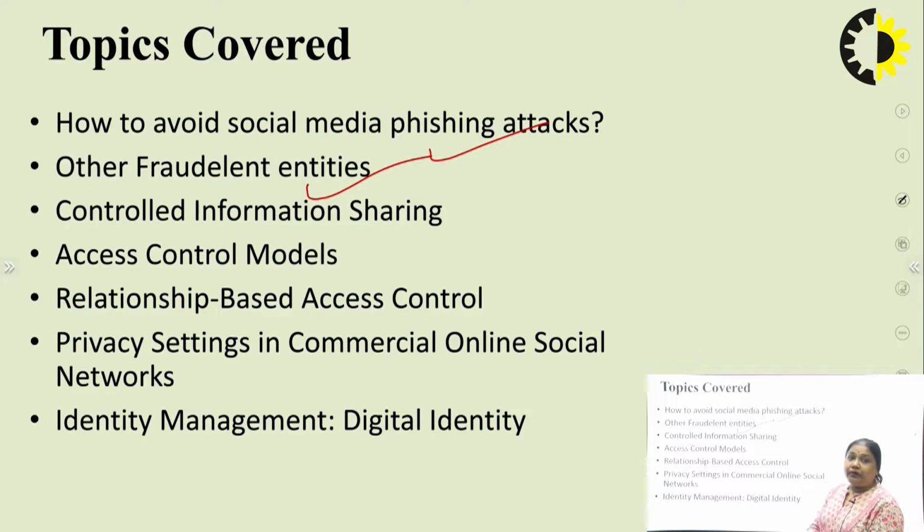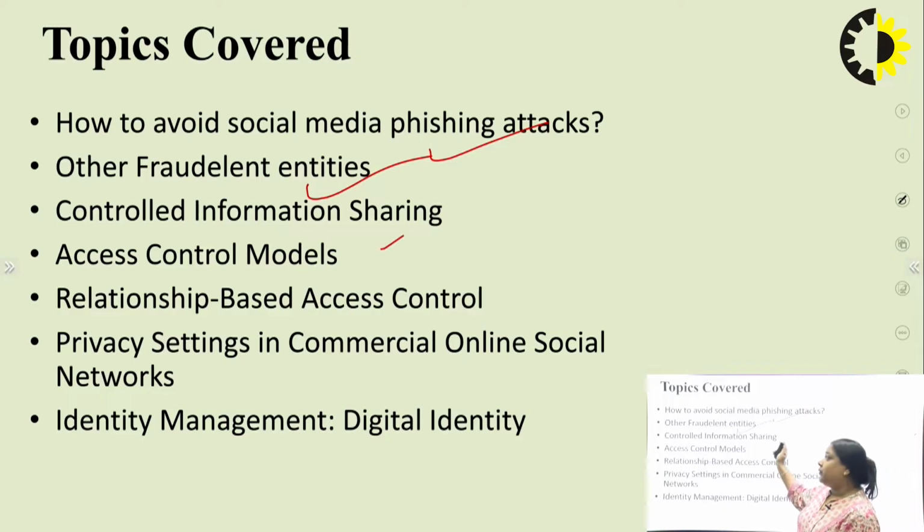Next is controlled information sharing. When we are working on online social media, it is very important to consider the personal information about ourselves, our family, our personal details. So it is very important that we know what information we should share on social media platforms.